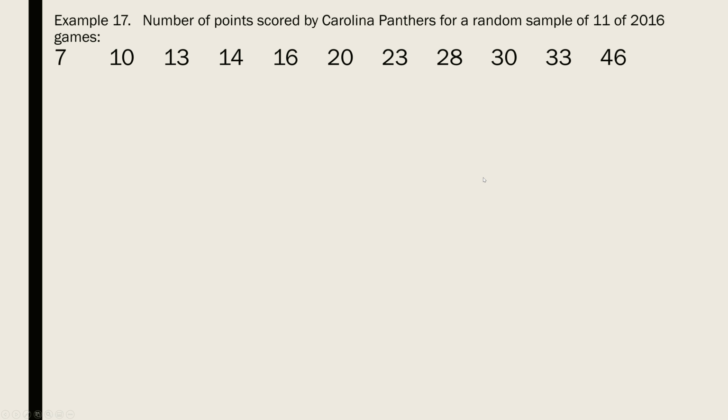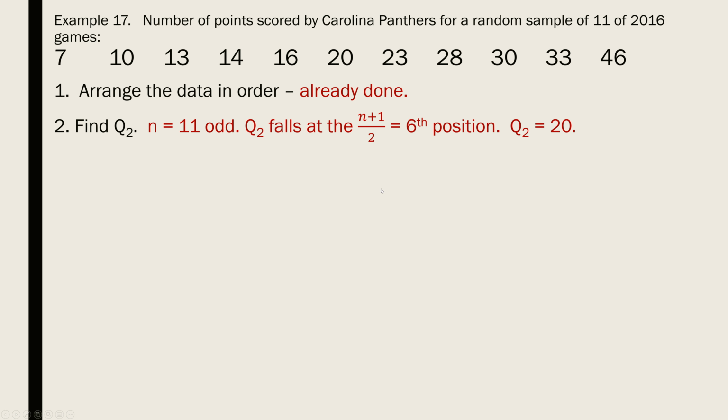This is another example about how to find 5-number summaries. We arrange the data in order first. Then we need to find the second quantile. Note that the sample size is 11, and 11 is odd. So Q2 should fall at the 6th position.